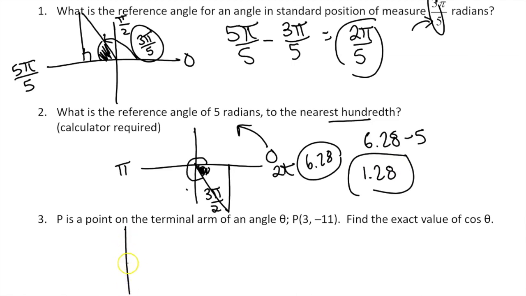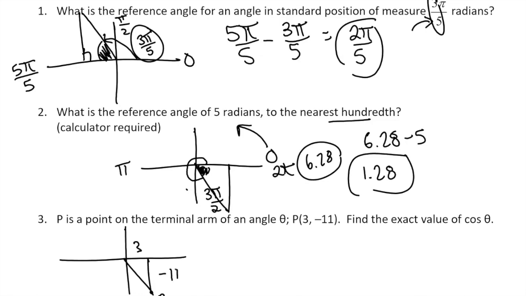Here we have something in quadrant 4. We've gone over 3 and down 11, and they want to know the exact value of cosine.